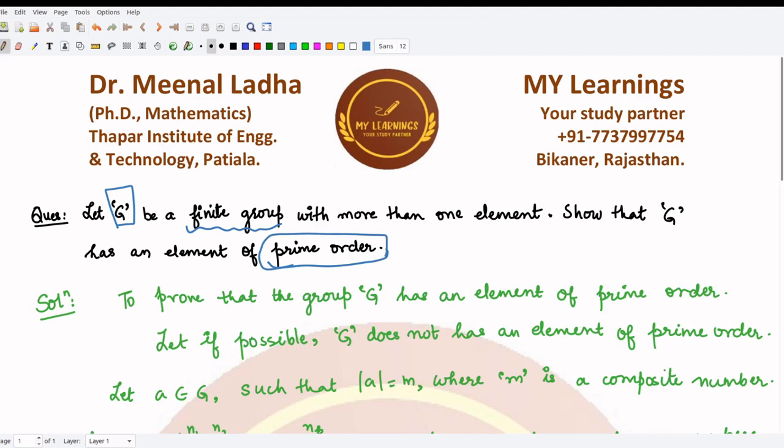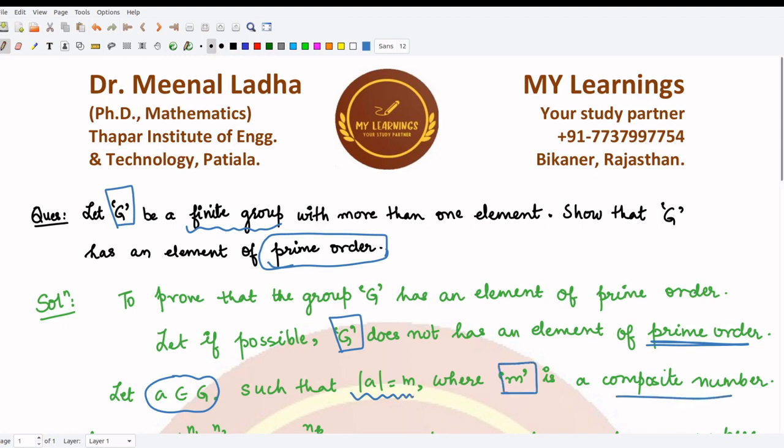We prove it by the method of contradiction. We first assume that G does not have an element of prime order. Then definitely it would have an element of composite order. So we assume that element to be A, belonging to G, such that the order of A is M and M is a composite number.